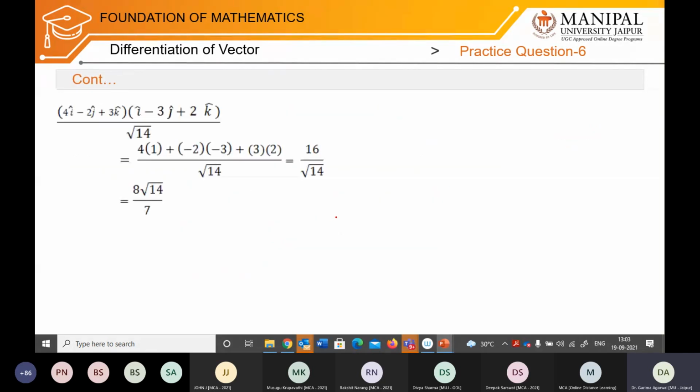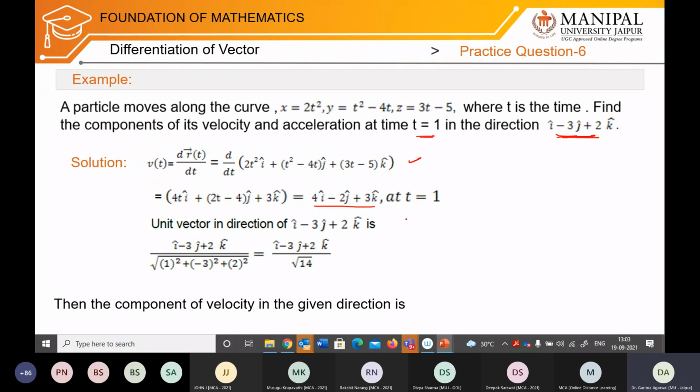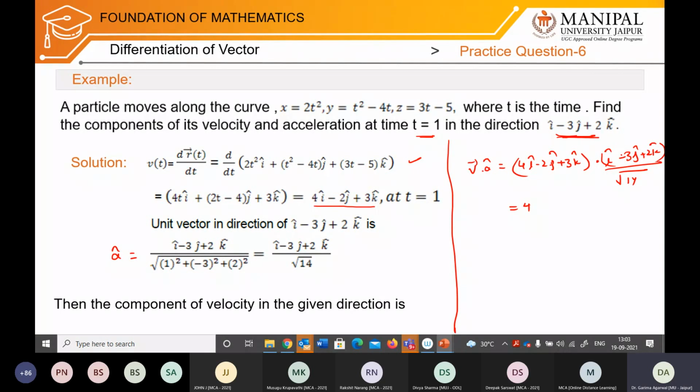Then we need to find the dot product of velocity and this unit vector. Let's say it's a cap. Usually the unit vector is denoted by a cap, right? So v dot a cap is 4 i cap minus 2 j cap plus 3 k cap, this is vector v, dot i cap minus 3 j cap plus 2 k cap upon root 14. i cap dot i cap gives 4, j cap dot j cap gives plus 6, so 4 plus 6 upon root 14.